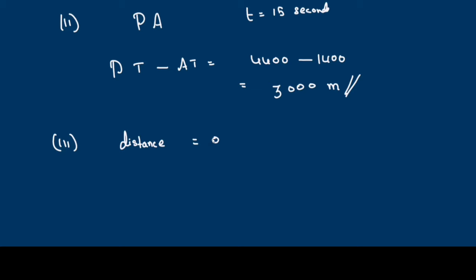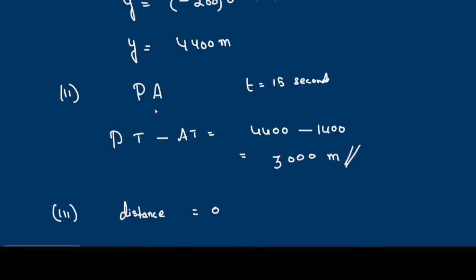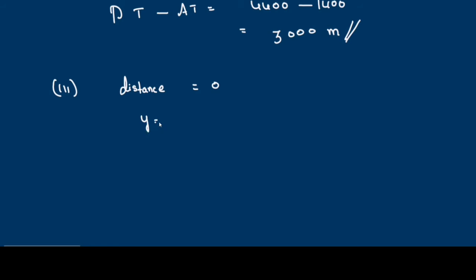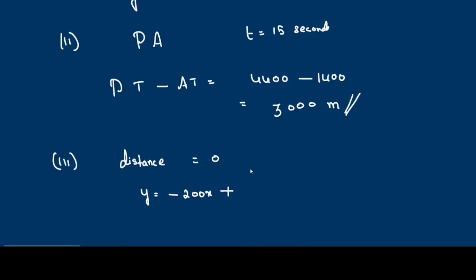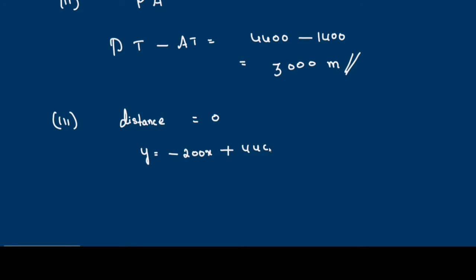When you hit the target, the distance will be 0 because you are moving, the distance is decreasing. So you have taken the distance as y. So put y is equal to 0 in this: y equals minus 200x plus 4400. So 0 is minus 200x plus 4400.